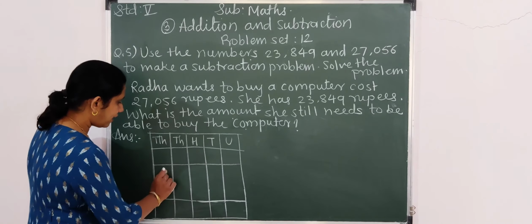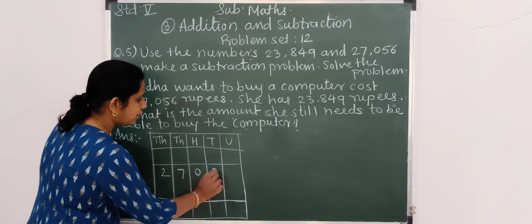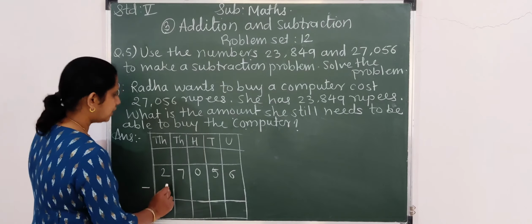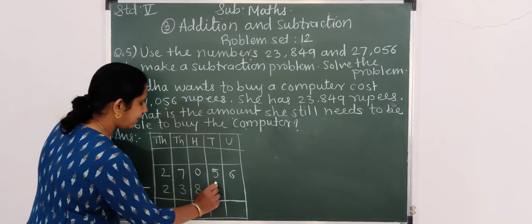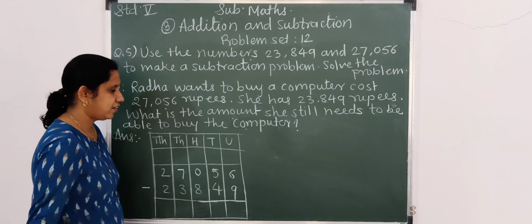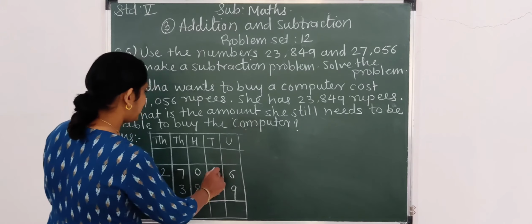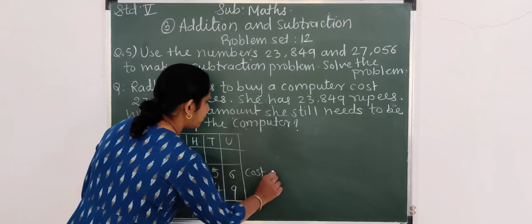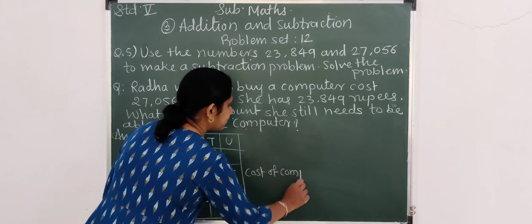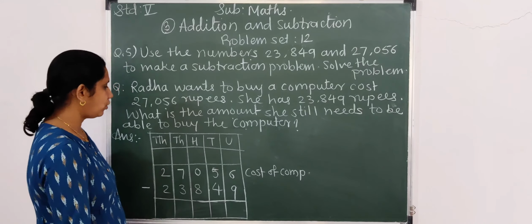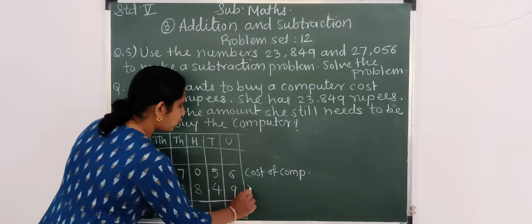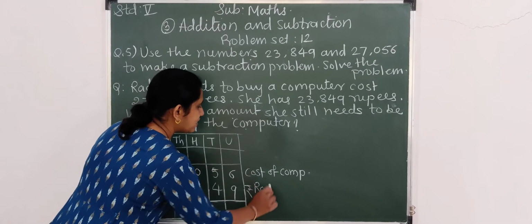Here let me write the number 27,056 minus 23,849. Okay children, here let us write 27,000 cost of computer. If you write COMP it is also okay. And this much rupees Radha has.